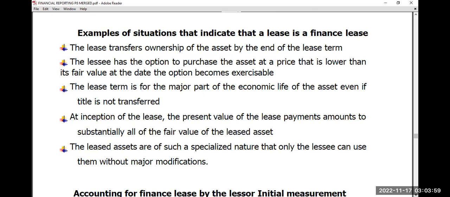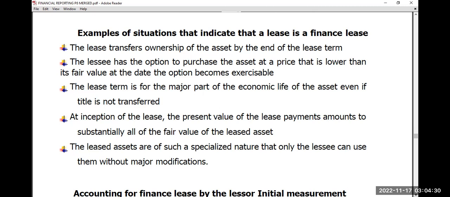If the asset you are leasing out were put in the market now, the value they are going to give you under the lease arrangement is almost the same value they would give you if we were to sell it now.